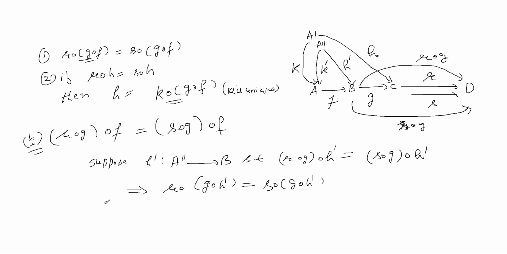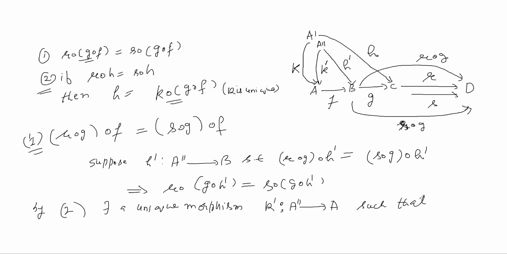So there exists a unique, by the second condition, okay, by 2, there exists a unique morphism K dash from A double dash to A, such that G composition H dash must be the same as G composition F composition K dash.